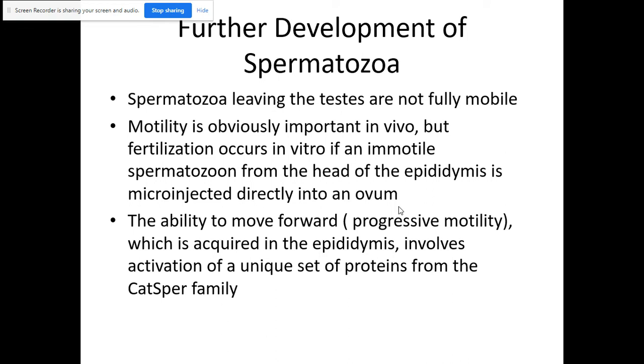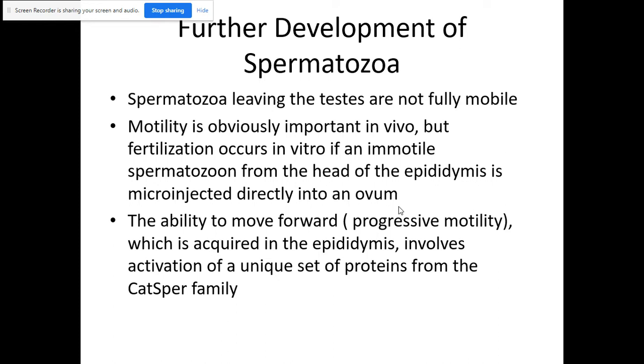The ability to move forward, or progressive motility, which is acquired in the epididymis, involves the activation of a unique set of proteins from the CatSper family. This CatSper family are proteins localized to the principal piece of the sperm cell.